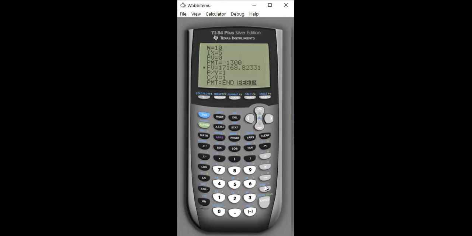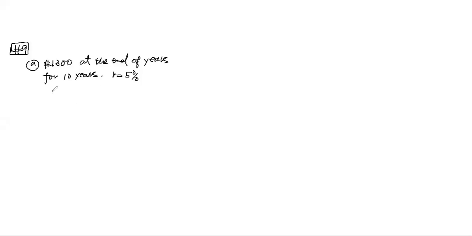So it's 17168.8231. Okay, so now we can leave the calculator and go back to my whiteboard. So for here, the future value, if you deposit at the end of the year, will be 16,351.26. Then part B is the same thing.